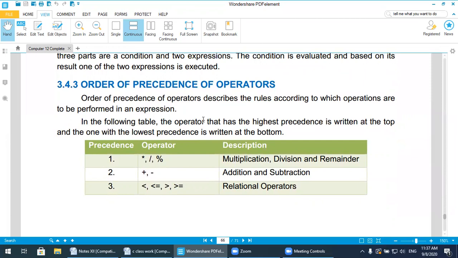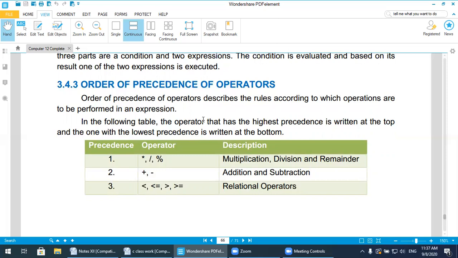Order of precedence in mathematics, you called it operator priority. It means that in an expression, if more than two operators are present, which operator should be solved first? In mathematics, this is the DMAS rule.